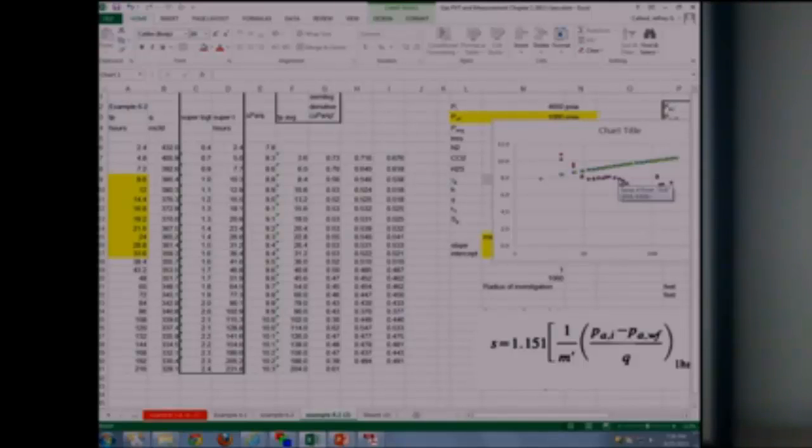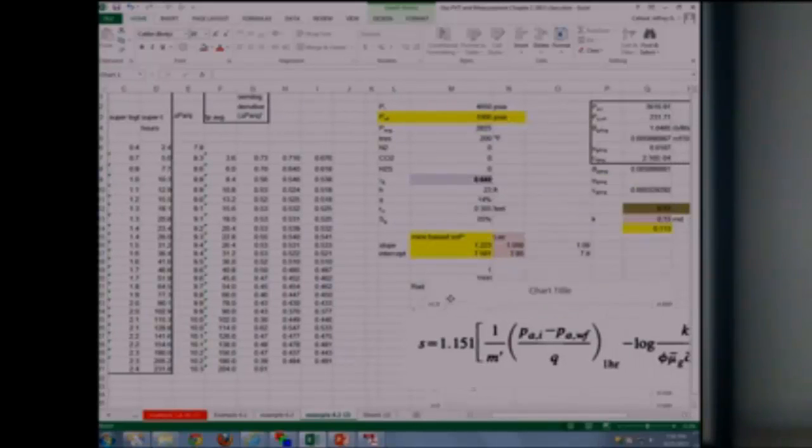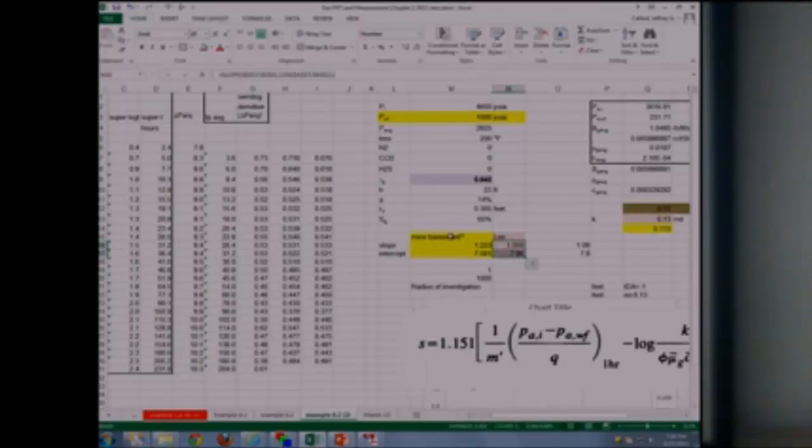I think I got the best data set, but let's see. I know that my superposition should give me a slightly different slope. So I'm going to keep the lead data, but I'm going to change mine based on pseudo pressure and superposition.